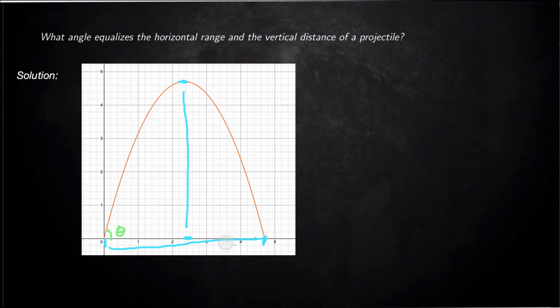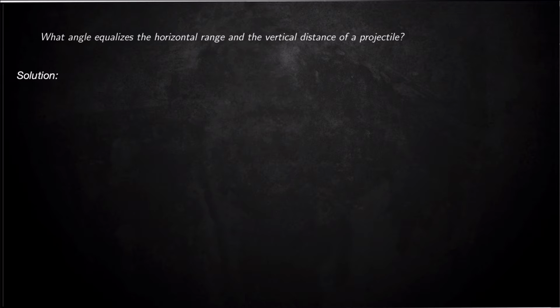So basically we want to know, what angle theta will not optimize, but equalize this horizontal range, the x distance that the projectile travels, and this vertical range, the y distance, or the maximum y value from 0 that this projectile will travel. So that was the question that we asked, and then we tried to answer that question, and I want to go over the answer to that question because it was pretty interesting.